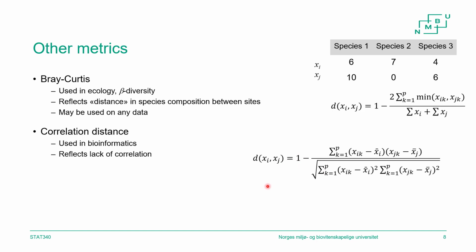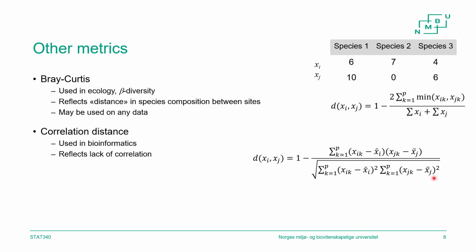I would say that especially this one is very different from the Minkowski distances. The Bray-Curtis is not. So if you measure distance by Euclidean distance, for instance, and then compute the Bray-Curtis, they will not be super different from each other. But this one can be super different from these others.